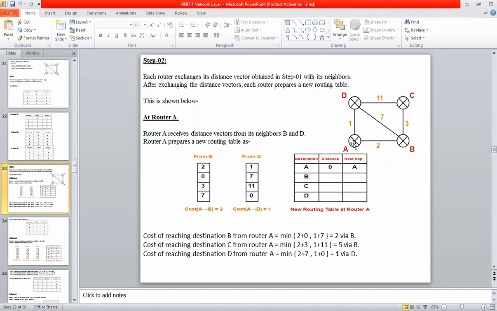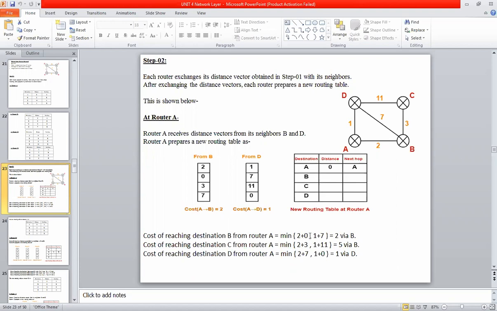Give concentration over here on how to fill in the table and how to identify the shortest path. This is a very, very important example. From B to A it is 2 plus 0, which is 2. And B to D is 7 plus D to A is 1, which becomes 8.